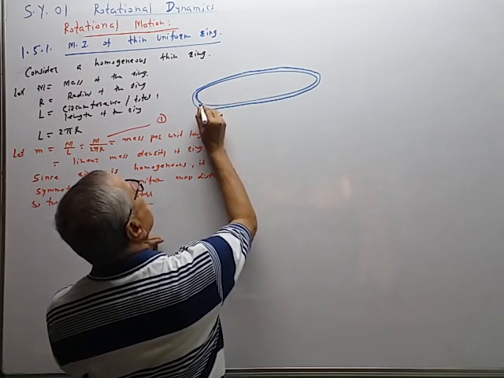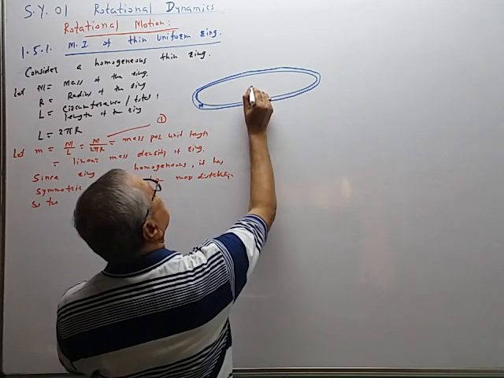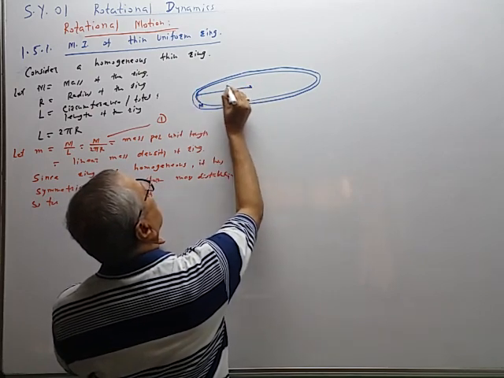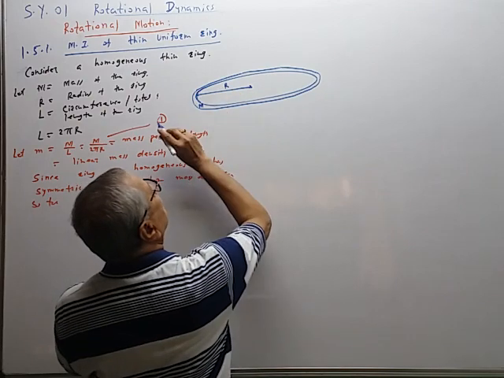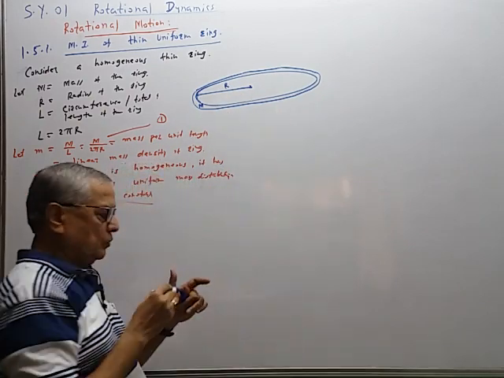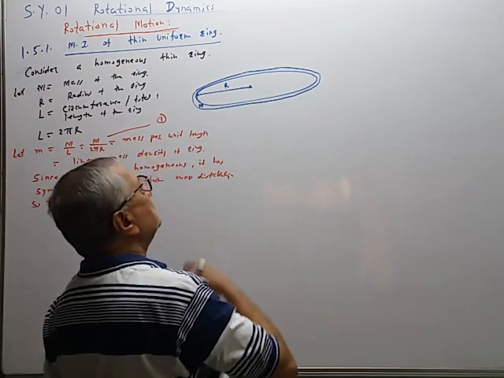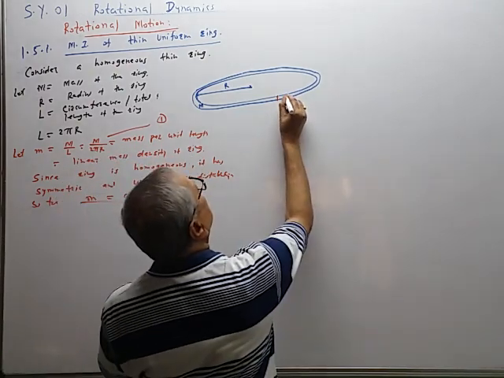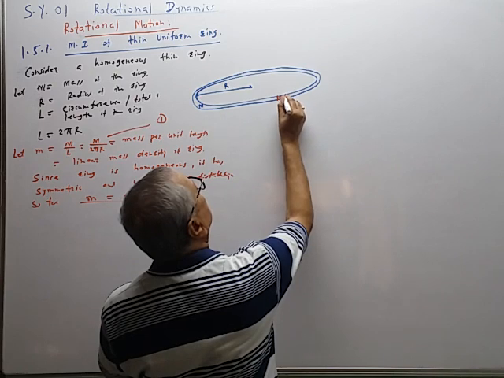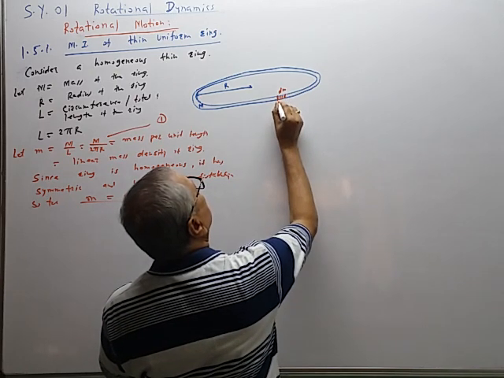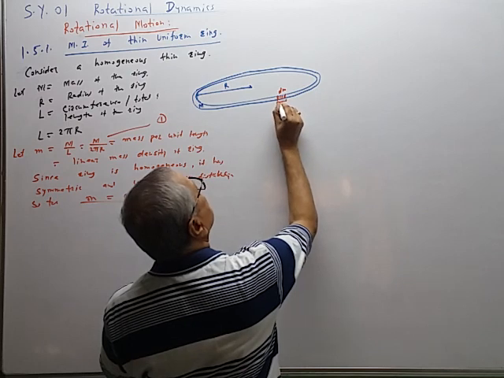So total mass is capital M. This is the radius R. So here we will consider a single element whose mass is dm and whose length is dx, very very small.